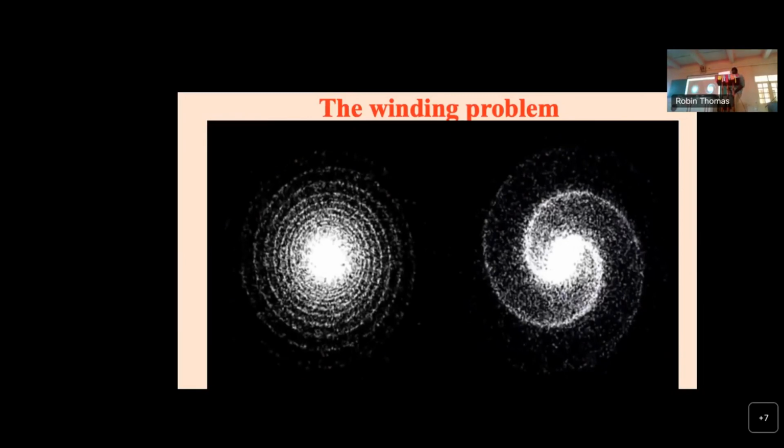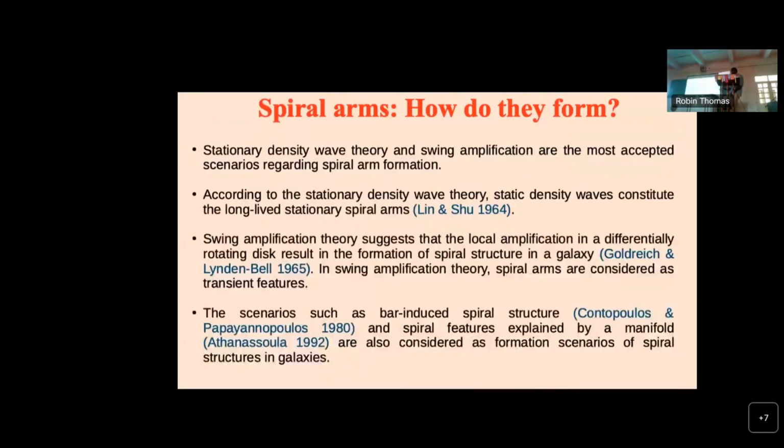So at that point, we have to introduce some theories to confirm that the spiral arms are still present and the winding problem is solved. There came some other theories. One of the most accepted is the stationary density wave theory, introduced by Lin and Shu. There was a paper with so much derivation which I didn't even understand at some point, and we are not going into that now.